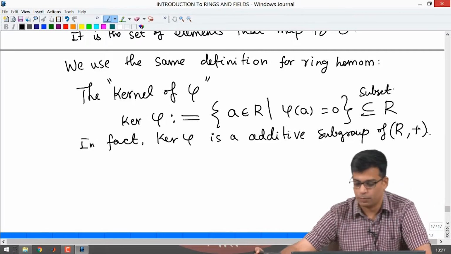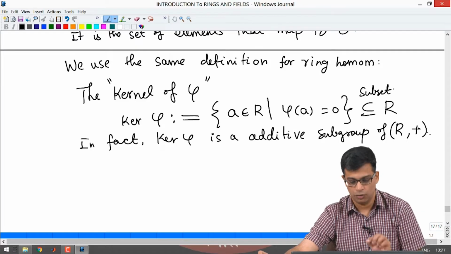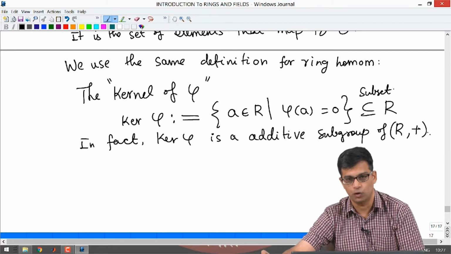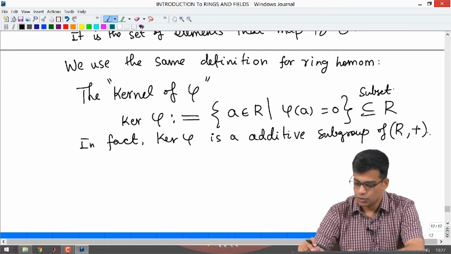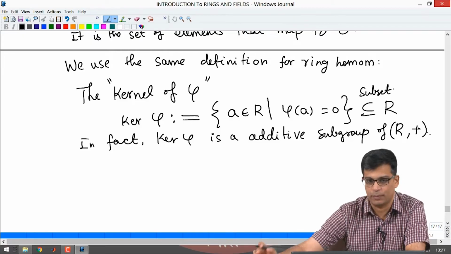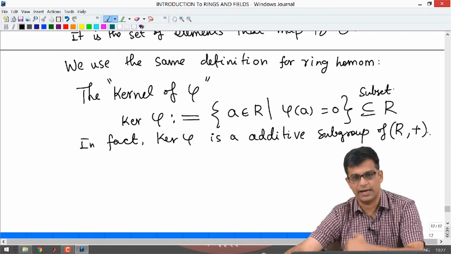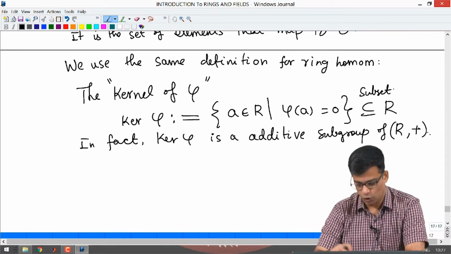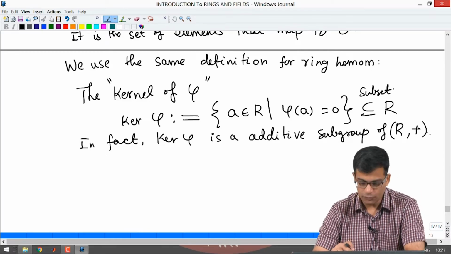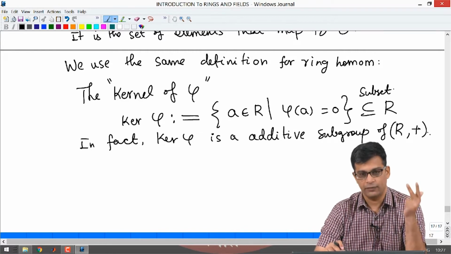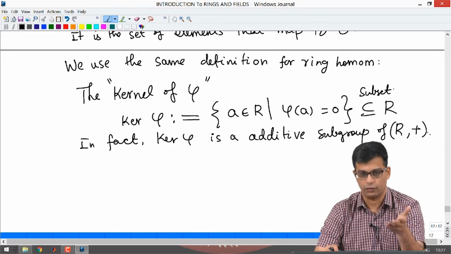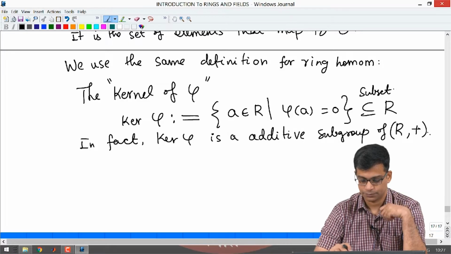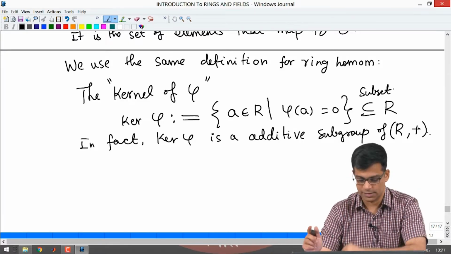When I write R comma plus, I am insisting that I am looking at R as an additive group, forgetting the multiplication. This is exactly what we have done in group theory. So, 0 is in the kernel, that is the first point. If a and b are in the kernel, a plus b is in the kernel, that follows from the definition. If a is in the kernel, minus a is in the kernel.